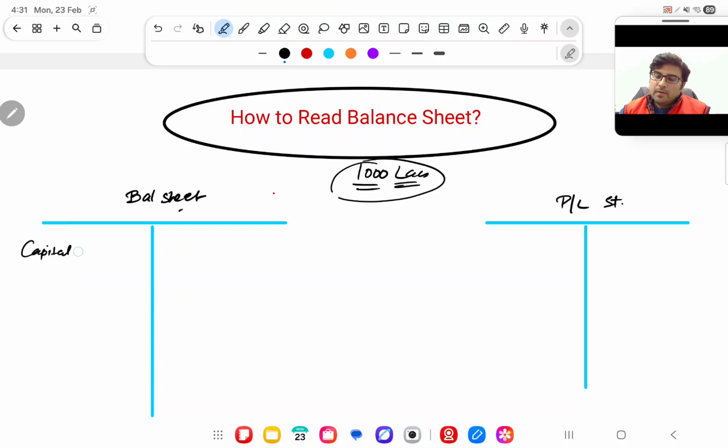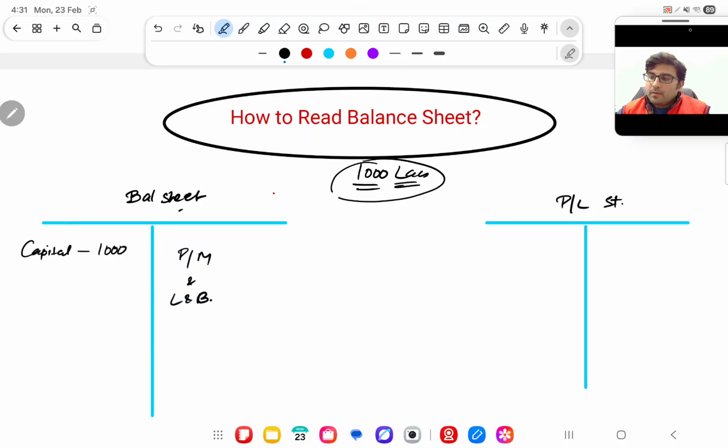So this will be coming in the left side, 1000. Okay. Now understand the parts of the balance sheet, how the balance sheet is divided. Now let's say before that 1000 is invested in plant and machinery and land and building.